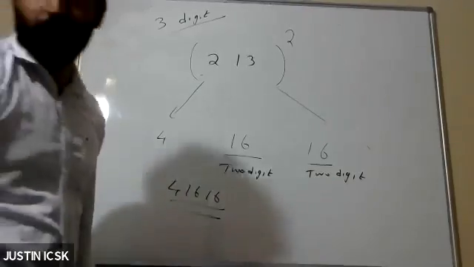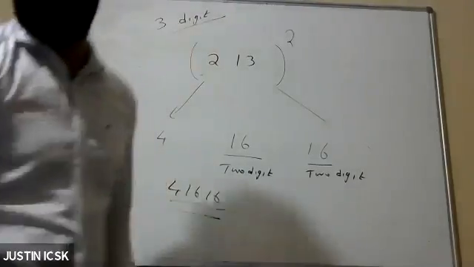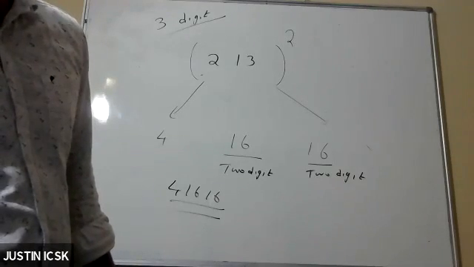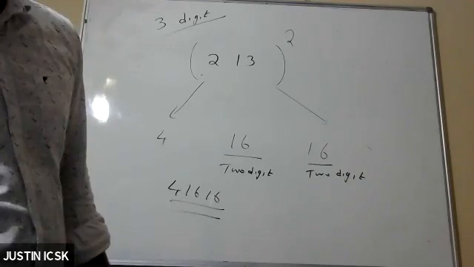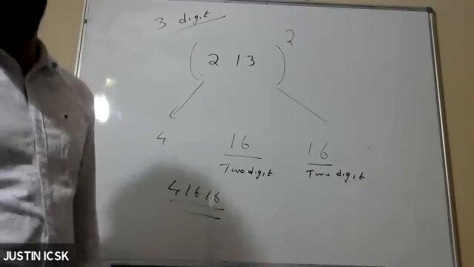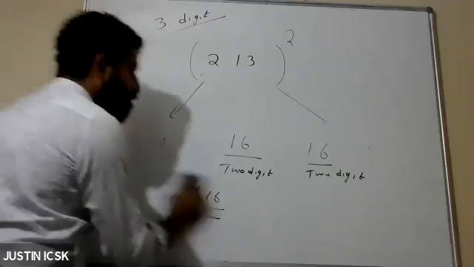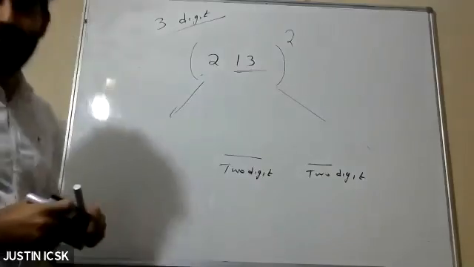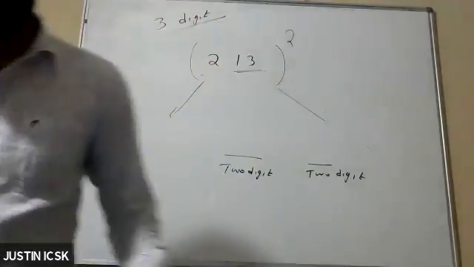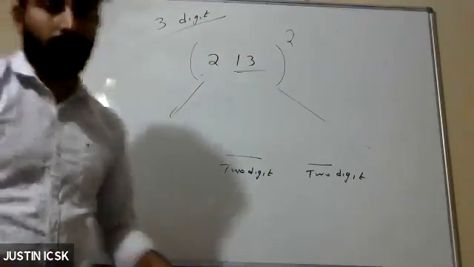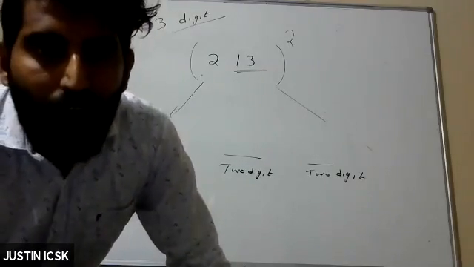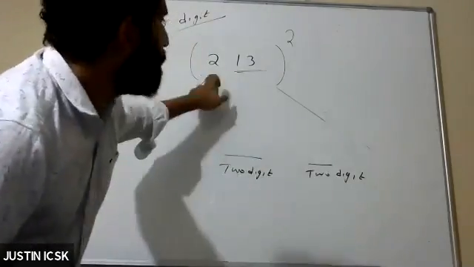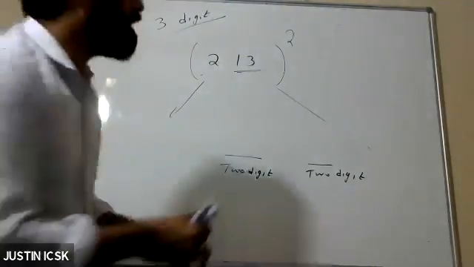Keep the last two numbers. And don't make the mistake that maybe all of us will make. Don't multiply 2 into 1.